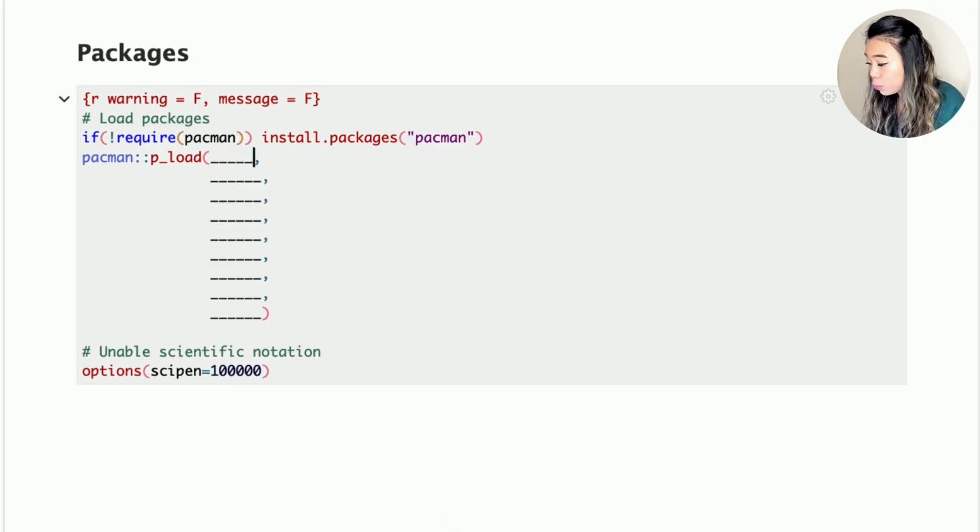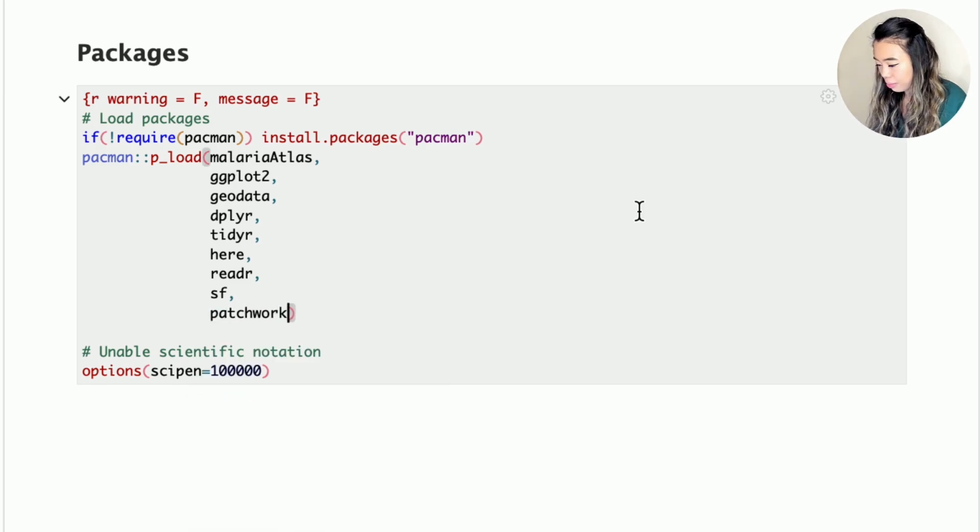The first package we're going to need is Malaria Atlas, alongside ggplot2, Geodata, dplyr, tidyr, here, readr, sf, and patchwork.